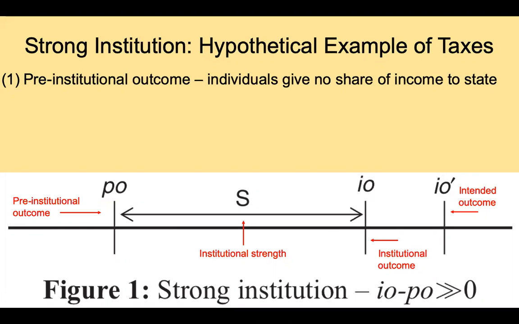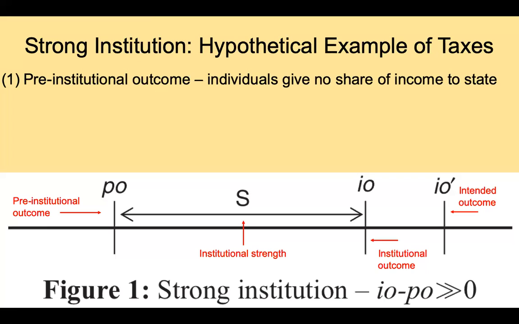Tax regimes are rules regarding what people can and cannot do with their income, and so taxes imply that they've got to give a share of their income to the state. But a policy is an institution, generally speaking. That's why policy analysis is also called institutional analysis. And I know this because I was trained in political economy and in policy analysis.